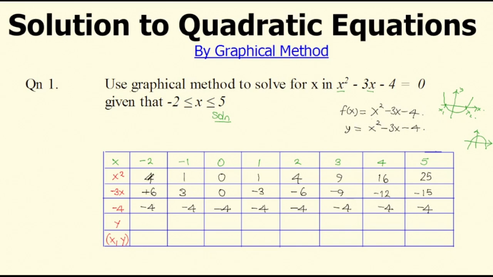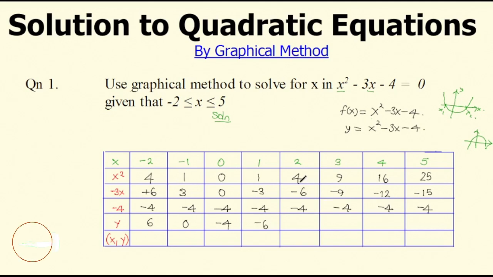Now positive 4 and negative 4 will cancel, meaning we have here positive 6. So with this, we have 1 and 3 adding together to 4, minus 4, gives 0 here. 0 plus 0 plus negative 4, we have negative 4. And then 1 minus 3, we have minus 2, plus negative 4, we have negative 6.